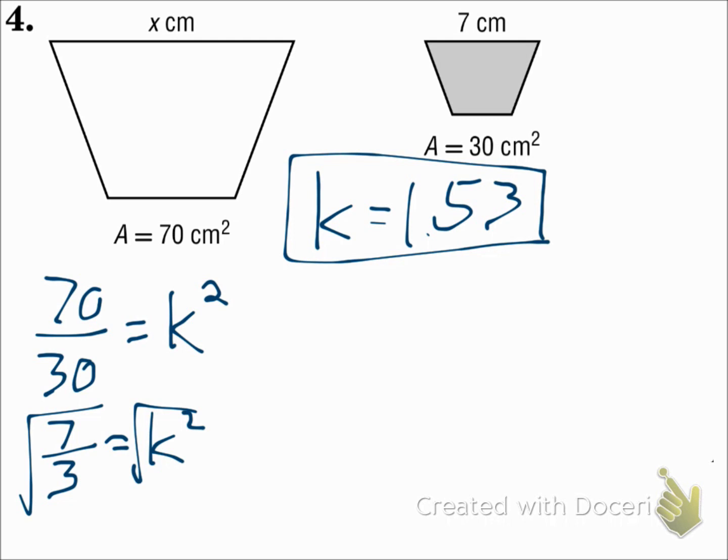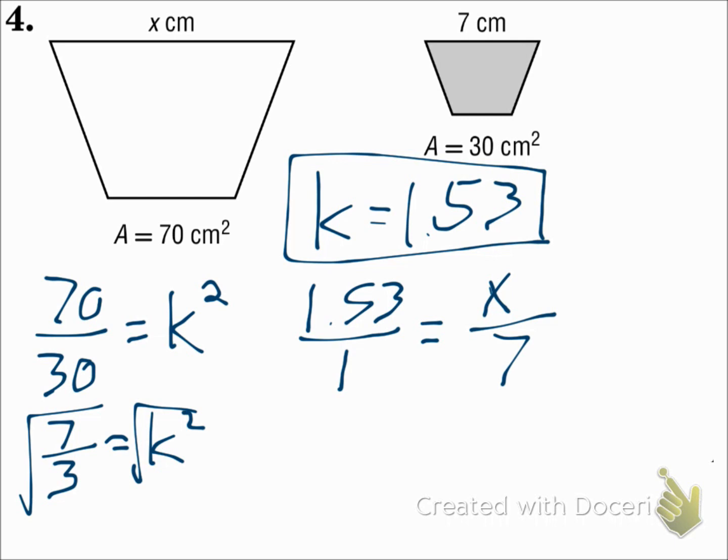Now use k to find x. Since k is not a fraction, I can put it over 1. That is unshaded to shaded. Now make that match the side lengths, unshaded to shaded. X over 7.